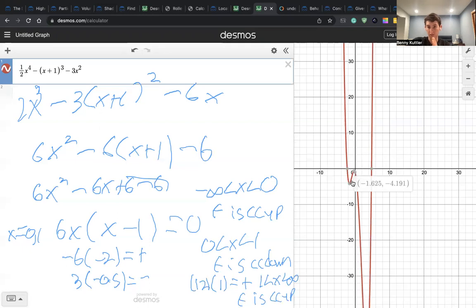And then up here it curves up. And then at this point, 0, we said, it starts to get concave down and curve downwards. And then at the point x equals 1, it starts to curve back up again. So this is what this analysis can tell us: just when a function is curving up and when it's curving down.